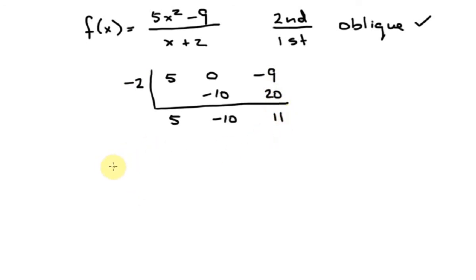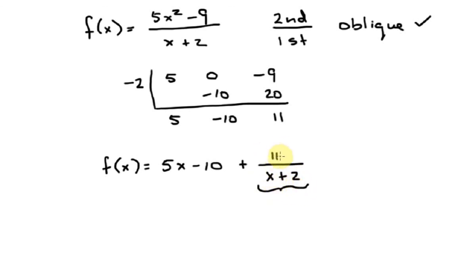Now what this means is our function can be rewritten in the following form. This is our quotient right here, 5x minus 10, and then we add our remainder divided by our divisor, x plus 2. When we look at this now, it's pretty obvious.